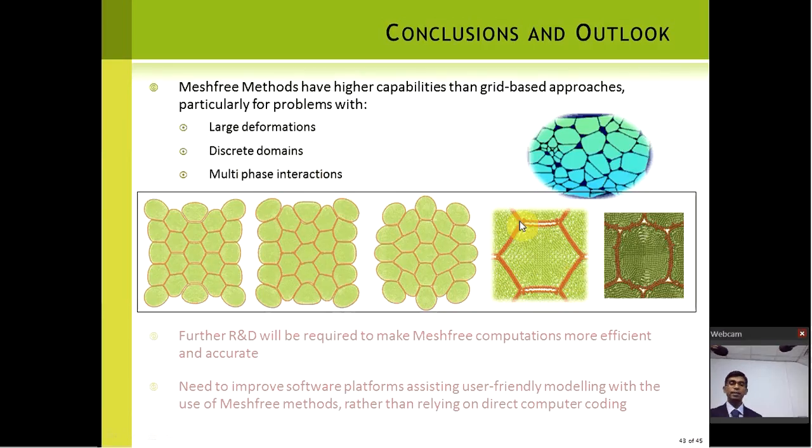Yes, so that comes to the basic conclusions of my lecture today. Based on my work and also some other videos and evidence I showed you, we can conclude that Meshfree methods have higher capabilities than traditional grid-based approaches, particularly for large deformations, discrete domains and multiphase.